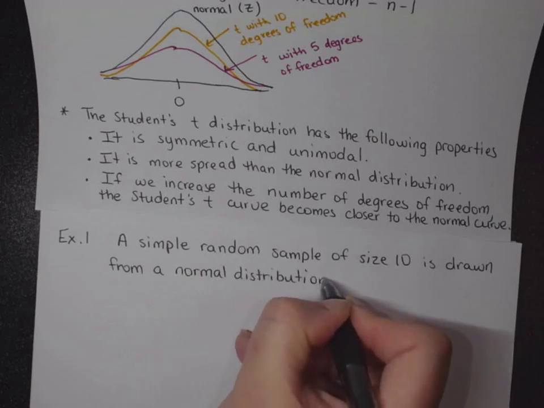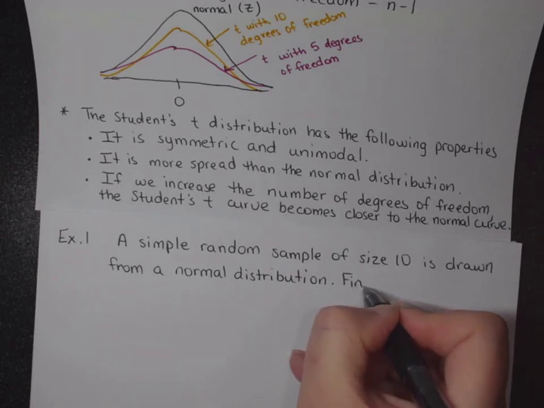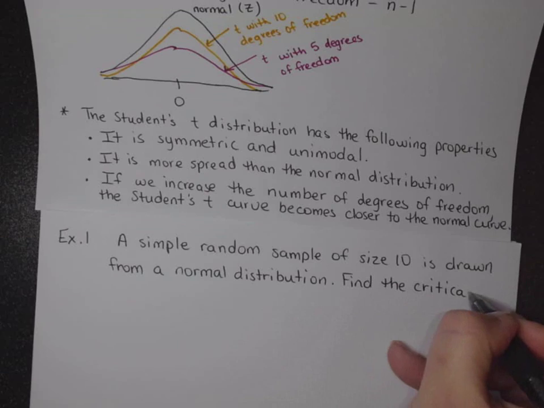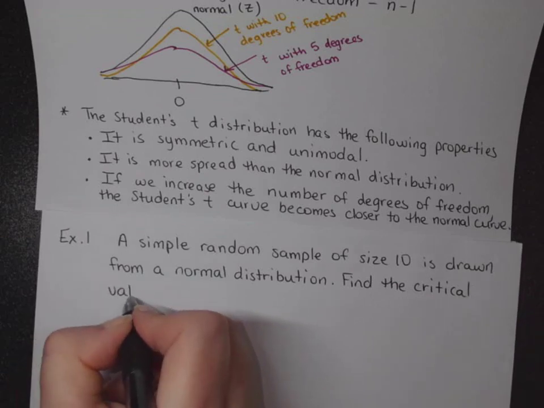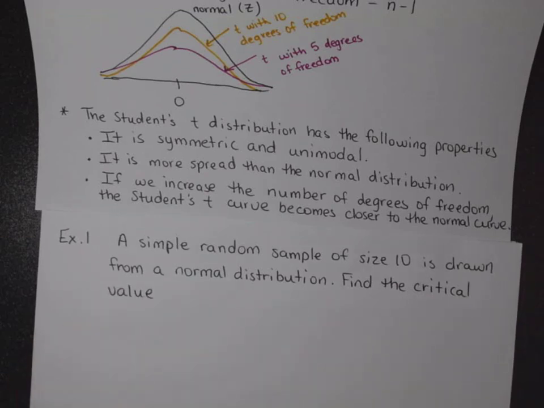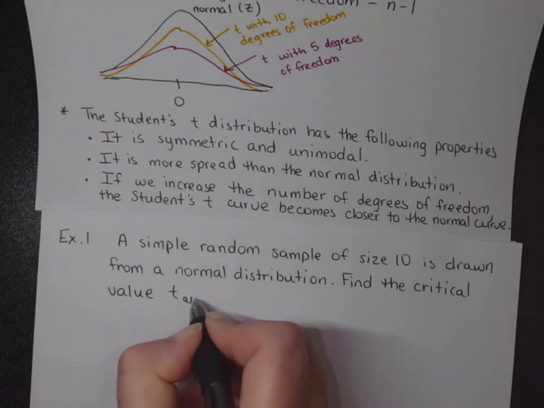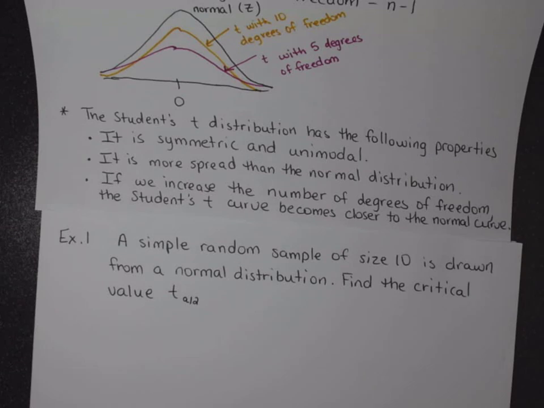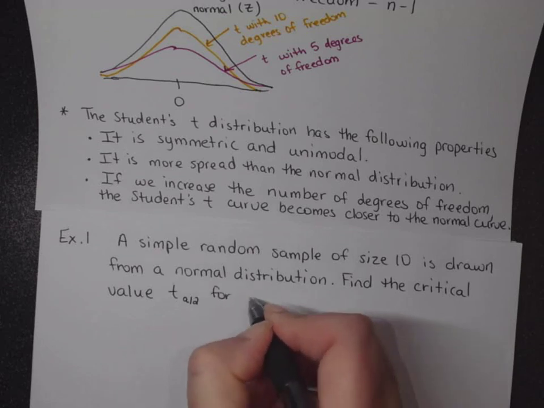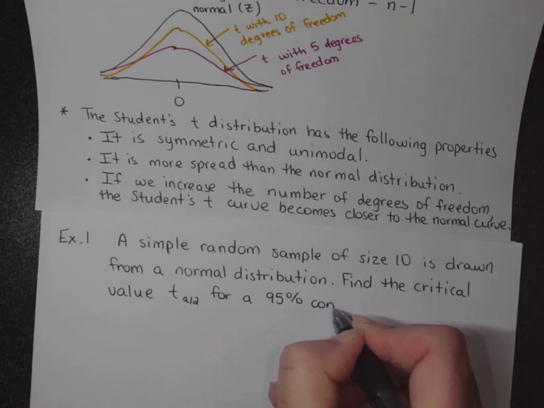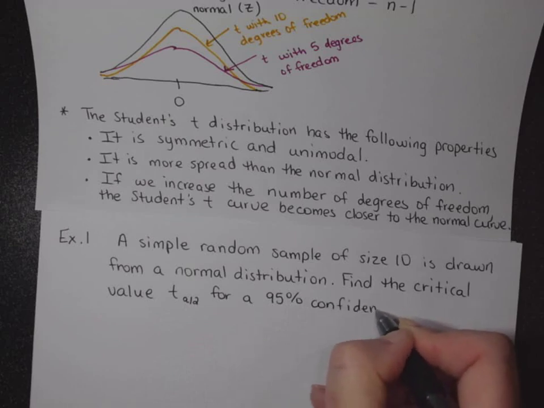But because we're only choosing a sample size of 10, it's going to be more difficult to make judgments about the whole population from only 10 values. We're going to call the critical value just like we did Z with a subscript, T with a subscript. So it's T sub area over 2. And the reason the area is being divided by 2, remember, is because there's 2 sides to it for a 95% confidence level or confidence interval.